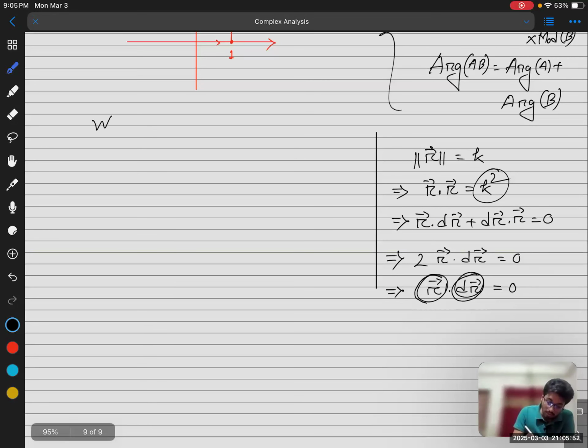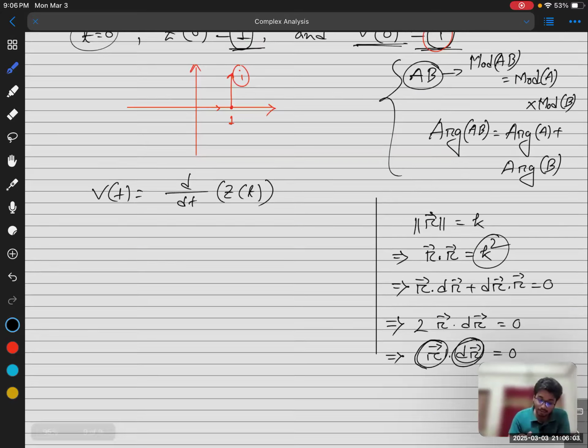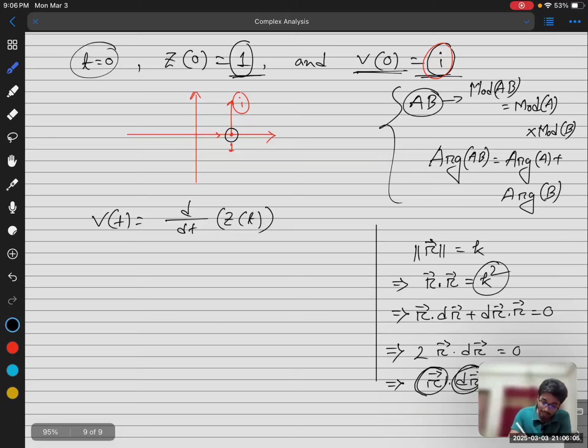From here we see that v of t is basically d dt of z of t. So initially we can already see that our z of t and v of t at t equal to 0 are perpendicular.